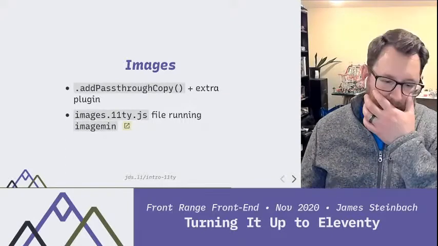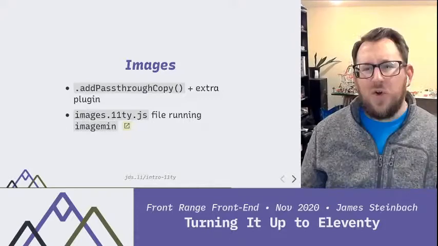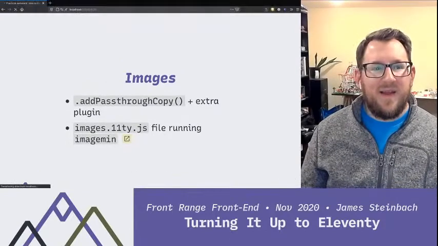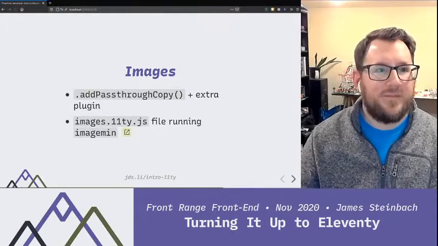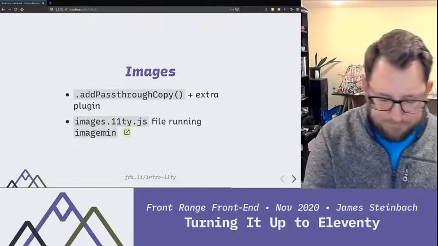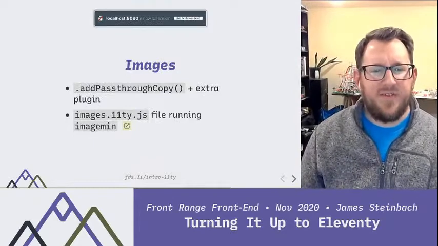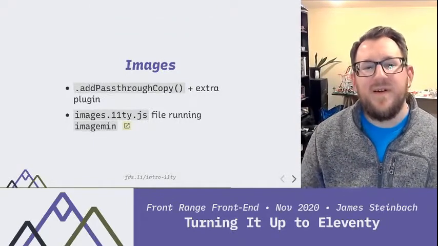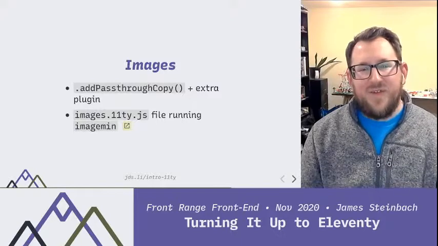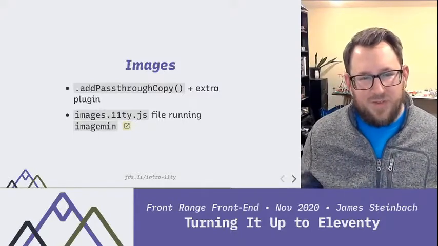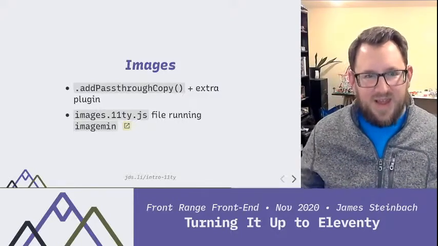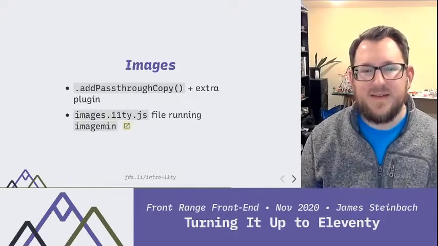And I also get nervous and don't really care for optimizers that run in a separate situation from my local server. Sorry, my slides are going a little bit goofy there. I don't like to have those running in a separate way from what I'm seeing in local dev. I want to try and make everything as even and identical as I can.